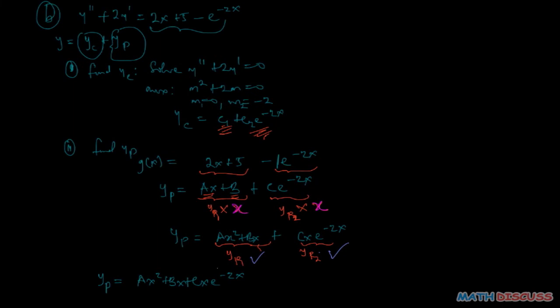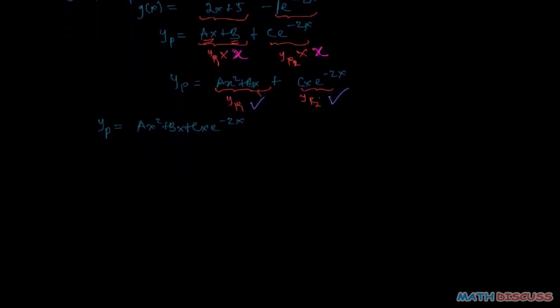So the next thing is, since we are assuming this is the particular solution of this non-homogeneous differential equation, it implies that by the time we substitute it into here, it must satisfy this differential equation. Now to make the substitution, I need to find y prime and y double prime.